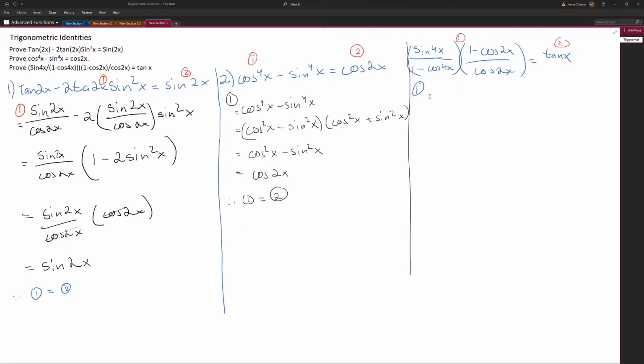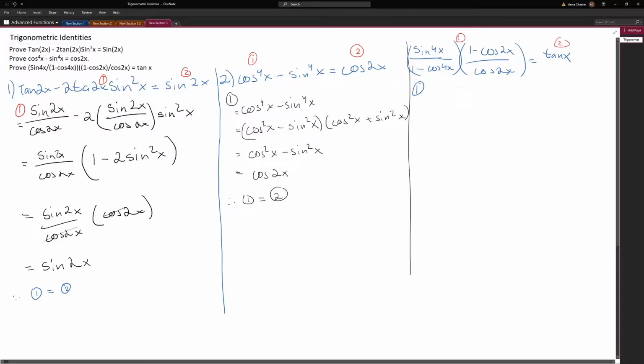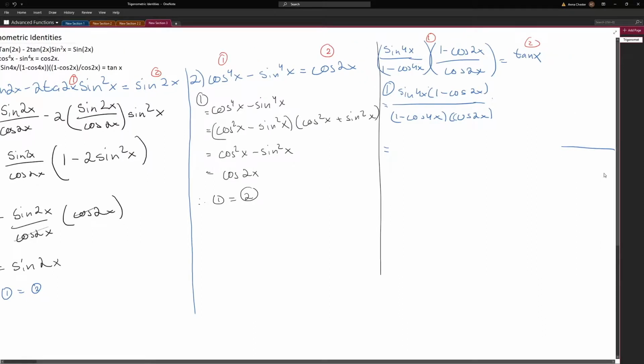Okay, so let's work on side 1. First, I would try to cross multiply them. So I'd have sine 4x times 1 minus cos of 2x divided by 1 minus cos 4x times cos 2x. Right? That's what we get. From here, I would actually try to expand as much as possible. So each of the double angles, let's expand them.